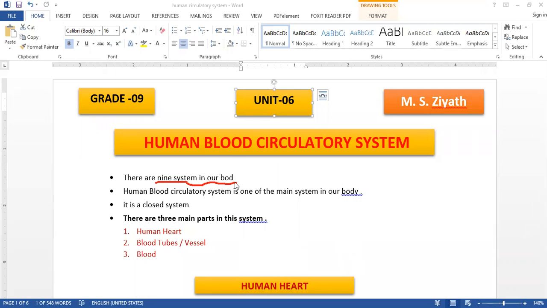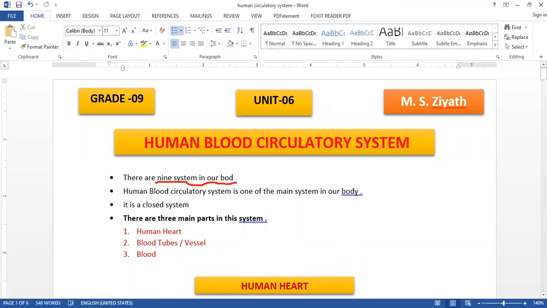But the human blood circulatory system is one of the main systems. We will be talking about the main system here.